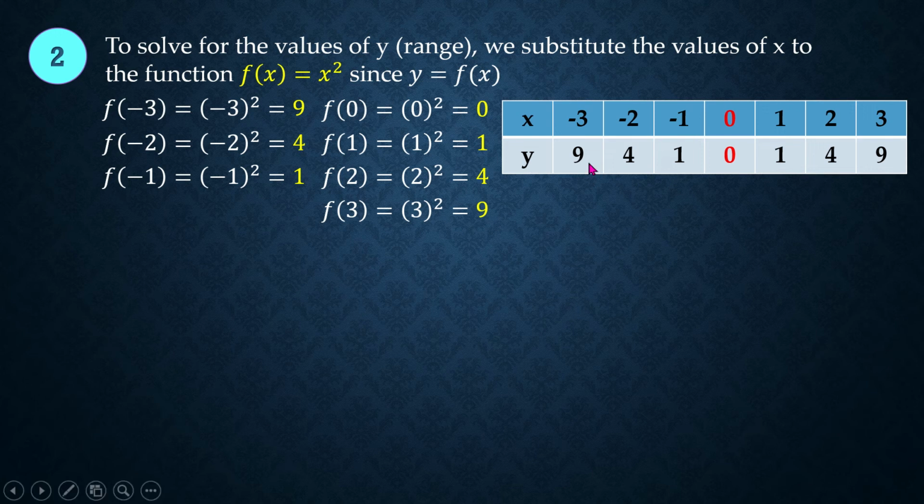Now, as you would see, the values of y in your observation are the same, right? The vertex is 0, 0. The values of y are opposite each other, equal 1, equal 4, equal 9. Why?